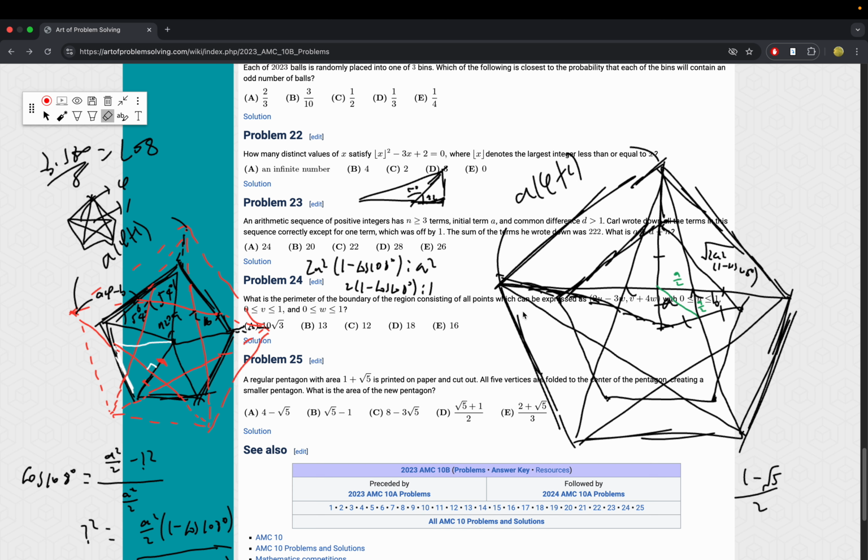But there's no way to prove it. There's no way to find the relationship between this one and that one. That's very, very, very unfortunate. I think finding this is easier. Okay, if we find this, we get our answer, so let's find cosine 108.